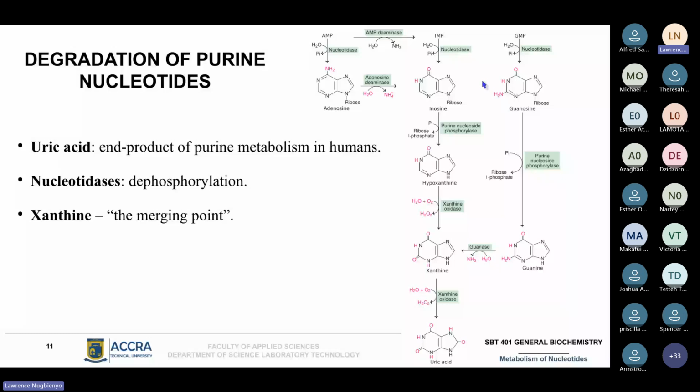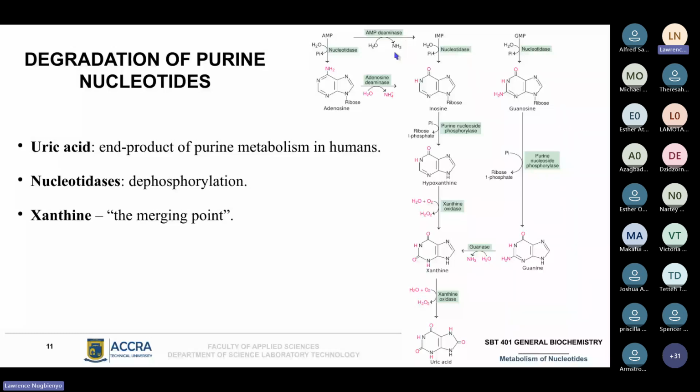Again, that inosine monophosphate is the parent molecule from which these nucleotides are formed. We saw that already. And with the participation of adenosine monophosphate deaminase, that is a deamination, just like the deamination we saw with amino acids.